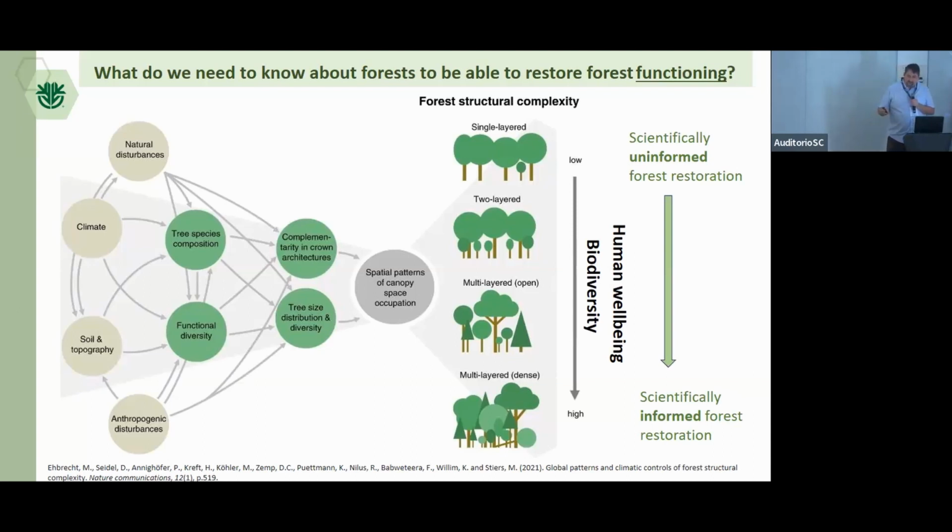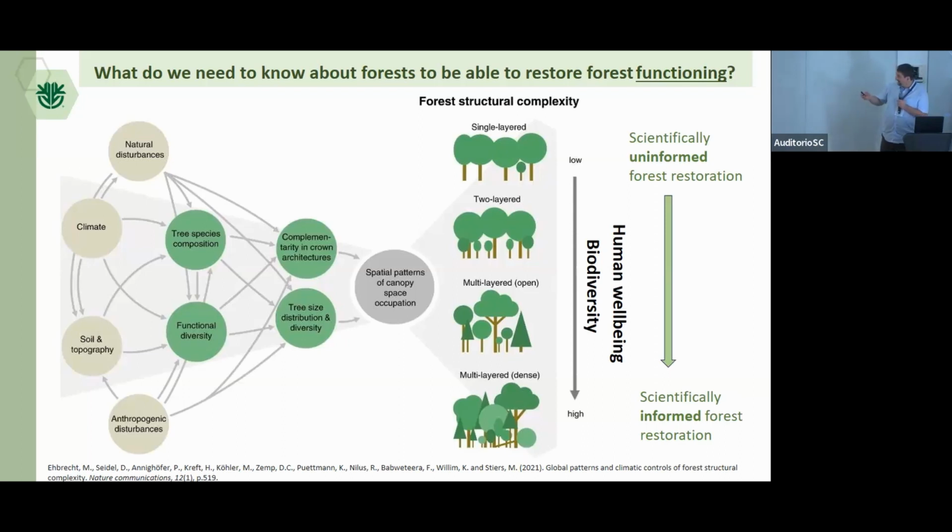And so the first one is tree species composition. We heard a lot about this before. Functional diversity. What I mean with that, I will explain the next couple of slides. Complementarity in crown architecture is really, really important. And then tree size distribution diversity. And so all these together give a spatial pattern of canopy space occupation. And so this refers then to the structural complexity.